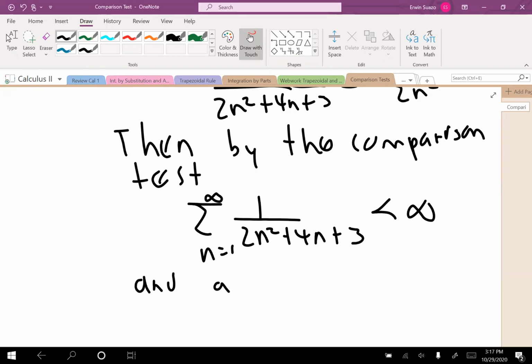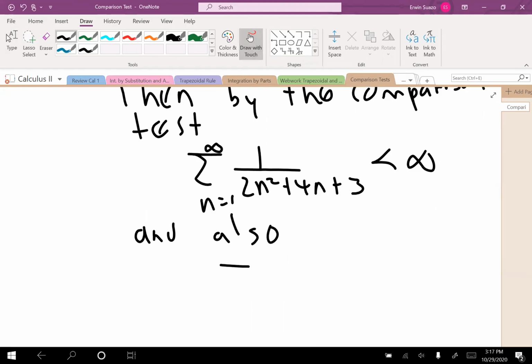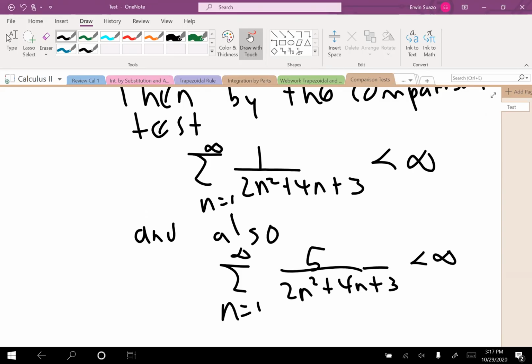And also, multiplying times 5 on both sides, you get the sum from n equals 1 to infinity of 5 over 2n squared plus 4n plus 3 less than infinity.